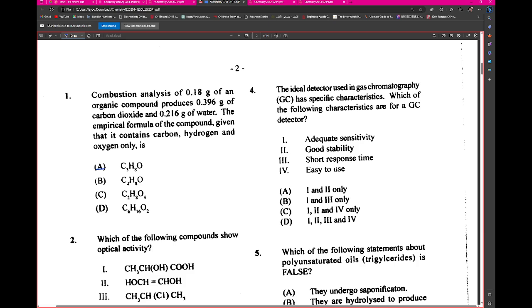I'm not sure if it's stable. I'm not sure if it's easy to use, because I remember my teacher saying something about an expert having to use GC. But I'm not sure if that's the entire setup or just the detector itself. I'm really not sure.